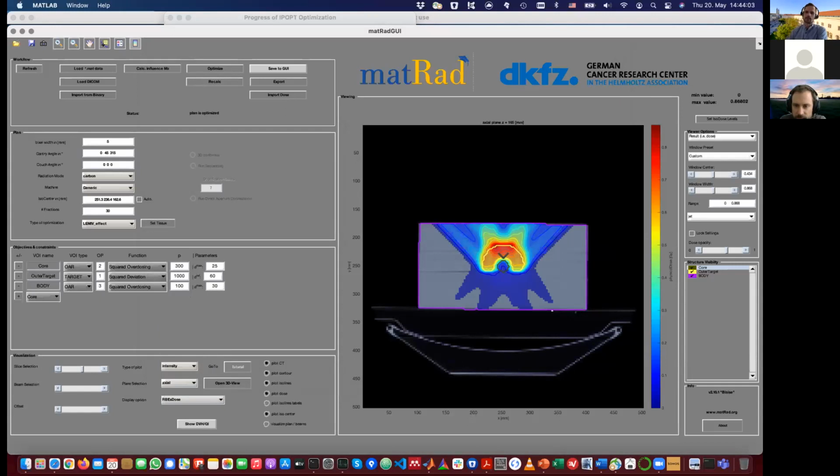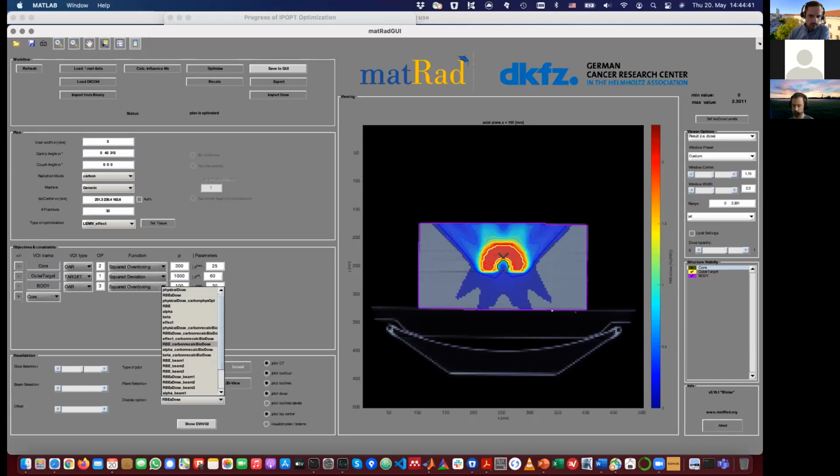Maybe we should have a small break before I go into the other distributions. But it's really important here to understand the differences, what we just did. So before, we were not doing a biological optimization. We had a physical plan optimization using carbon ions, and then we simply applied the biological model and computed the biological effective dose. And this resulted in a very high dose in our tumor.